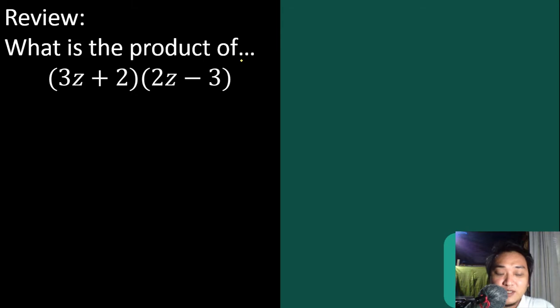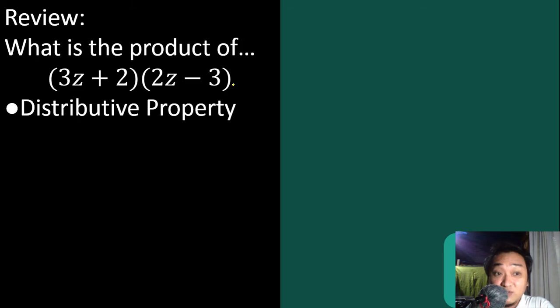So, bago yan, again, balikan uli natin yung mga naging previous topics nyo in grade 7 when you are still multiplying binomials. In this case, we will be multiplying 3z plus 2 times the quantity 2z minus 3. Again, we can make use of distributive property or FOIL method in getting the product of these two binomials.